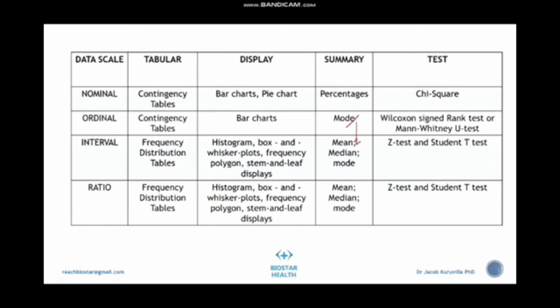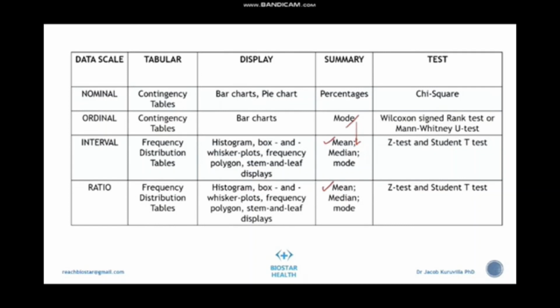For nominal scales we go for testing the difference between two nominal variables using the chi-square test, and for ordinals we depend upon the Wilcoxon signed rank test or Mann-Whitney U test, which we will discuss later in other episodes.